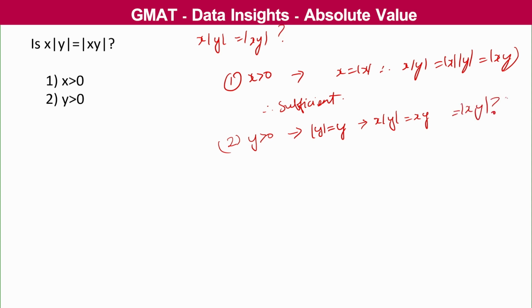So we still cannot answer this question. Therefore, this is not sufficient. It can be equal, or it can be equal to minus of mod of xy. So therefore, answer is option A, statement 1 alone is sufficient, but statement 2 alone is not sufficient.